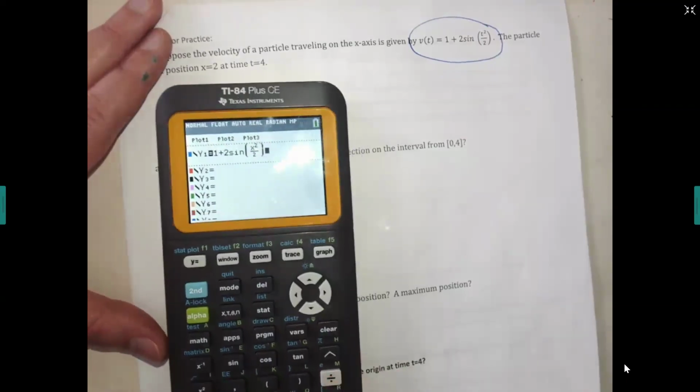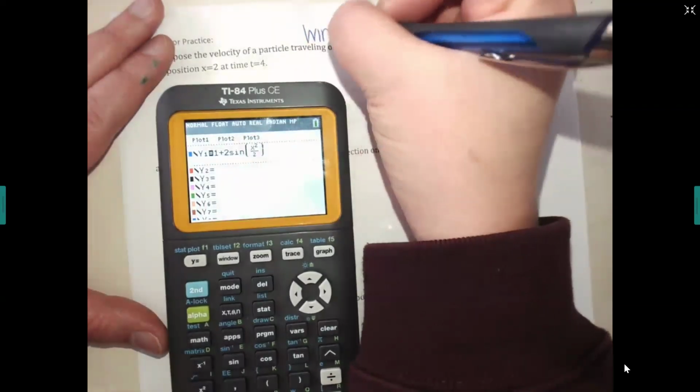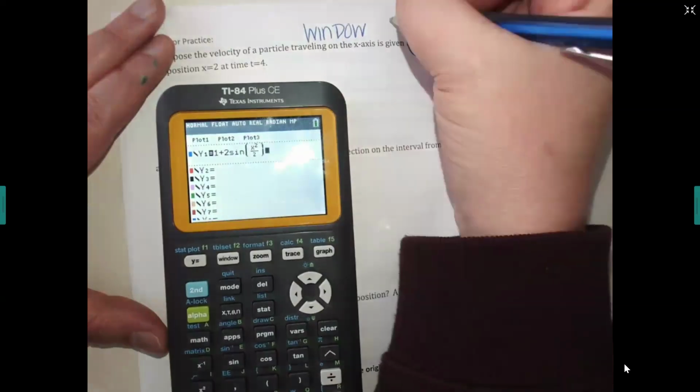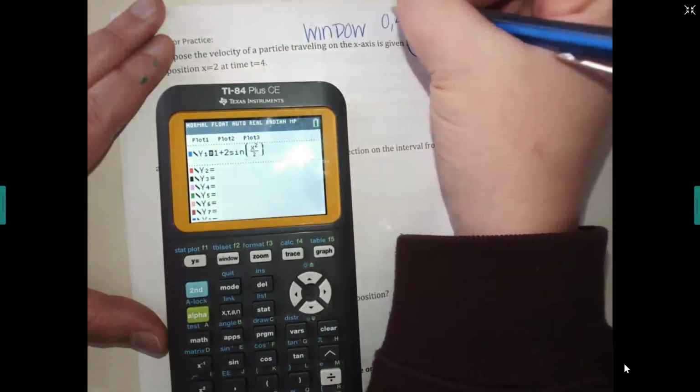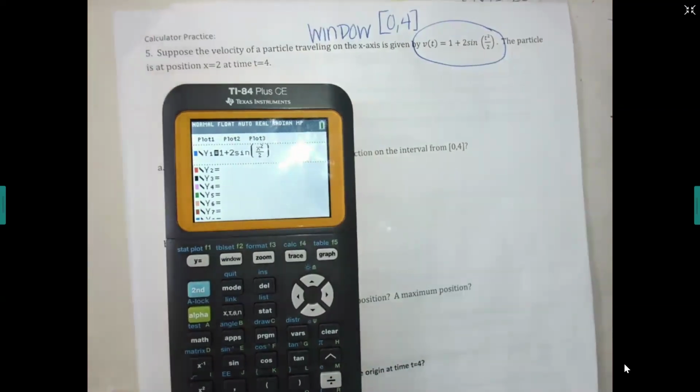Okay, so, girls, you ready? First thing I want you to do in your window button is restrict the x-axis to 0 to 4. If you don't know how to do that, I'm going to show you. But if we have to go over stuff a million times, this page can take 15 minutes or it can take 30.